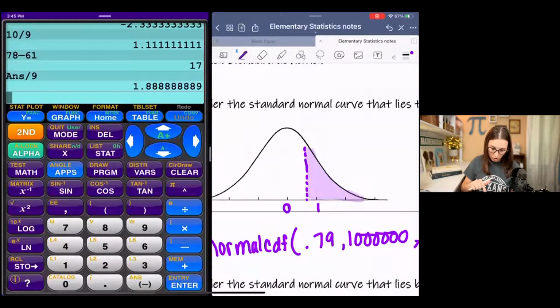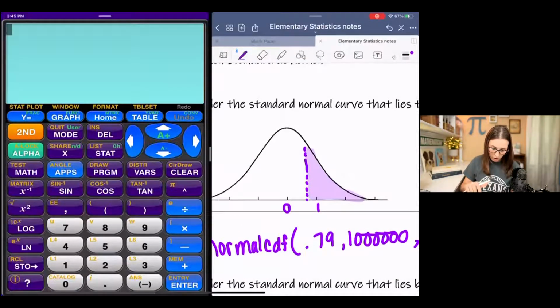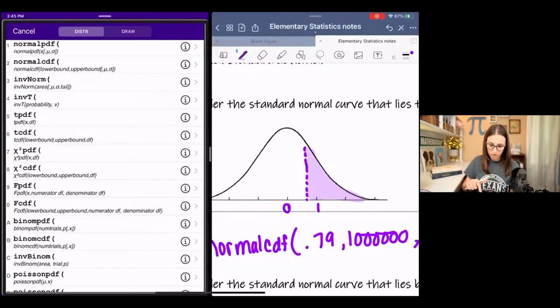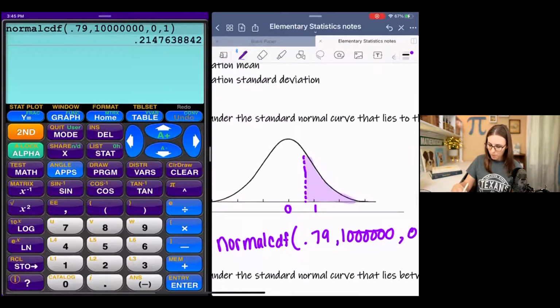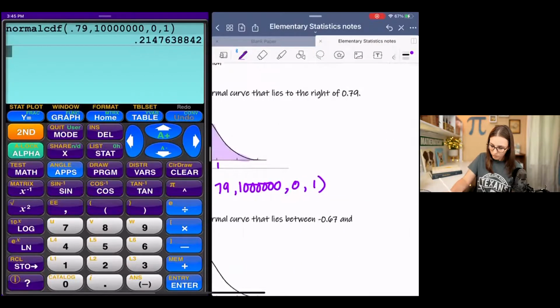I'm going to go to second vars, normal CDF, 0.79, comma, a big number, comma, 0, comma, 1. Close the parentheses. And we get about 0.2148 for our area.